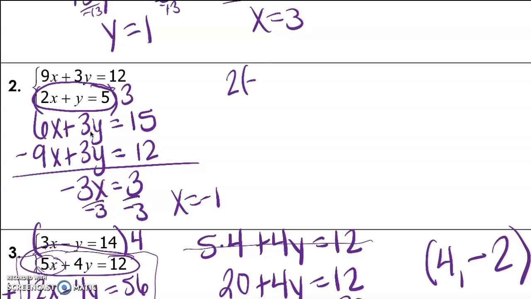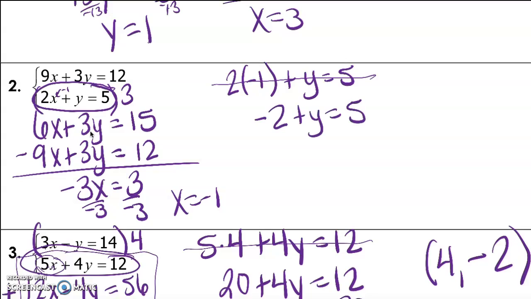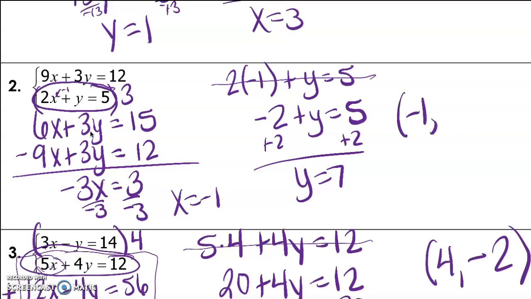So 2 times negative 1 plus y is equal to 5. Again, I hope that you are able to skip this step and just do the substitution in your head, or if you need to write negative 1 in there, 2 times negative 1 is negative 2 plus y is equal to 5. Add 2 and we get y equals 7. So our ordered pair is negative 1, 7.